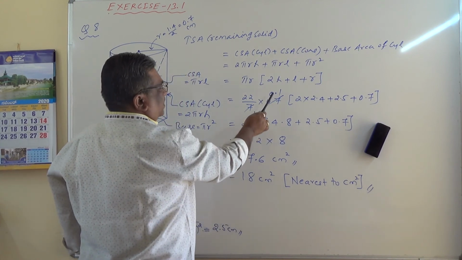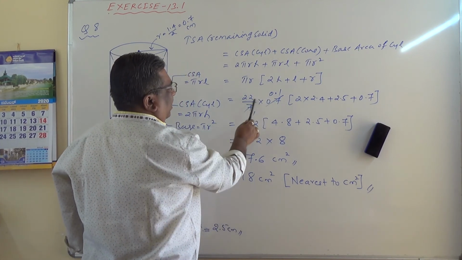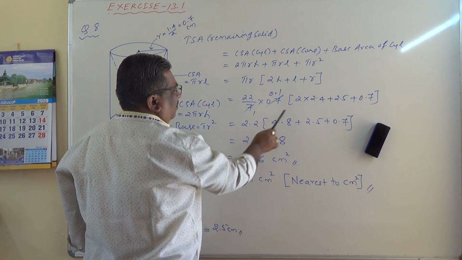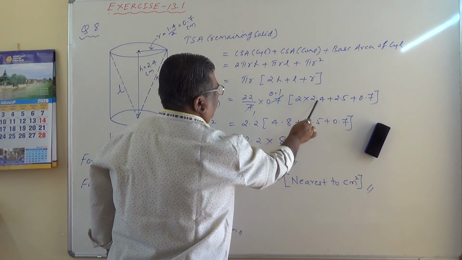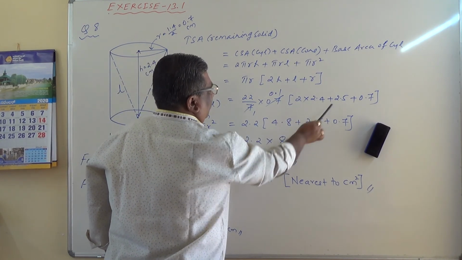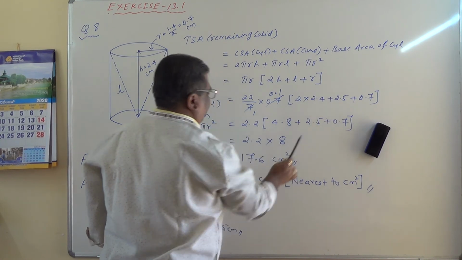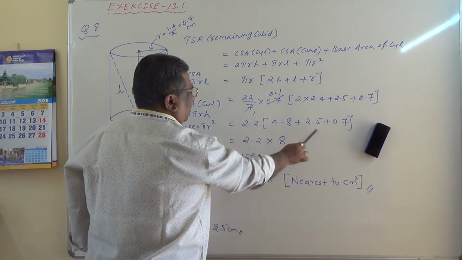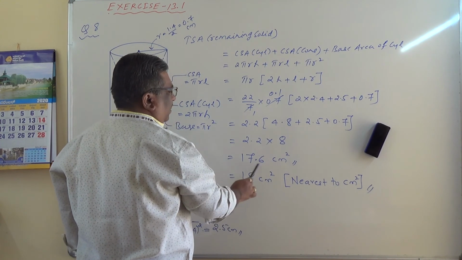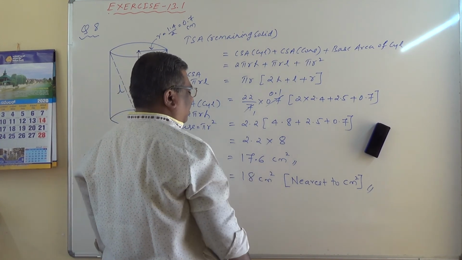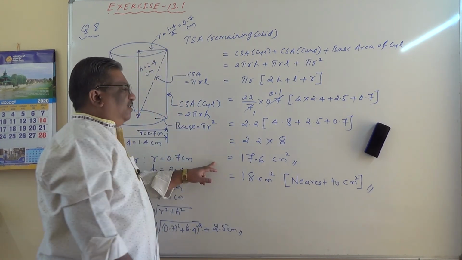So 7 ones are 7, 1s are 22 into 0.1 is 2.2. Inside the bracket 2 into 2.4 is 4.8, 2.5 plus 0.7. So 2.2 into, if you sum it out, it is 8. So 17.6 square centimeter is the TSA of the remaining solid.